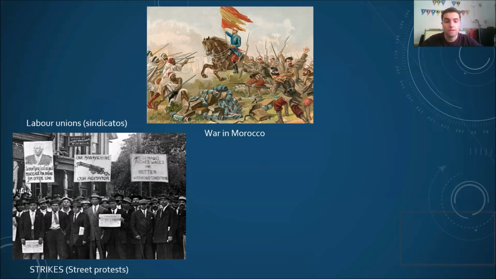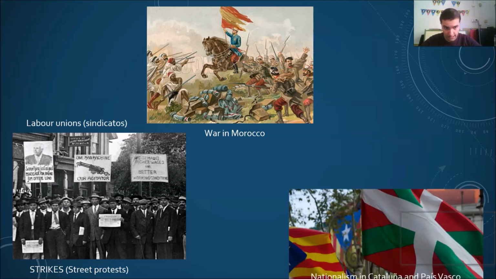Also, there was a war in Morocco. Spain had territories in Morocco, but the people from Morocco wanted to get independent. So there are wars. Hay guerras en Marruecos porque España tiene territorios en Marruecos y los marroquíes se quieren independizar.